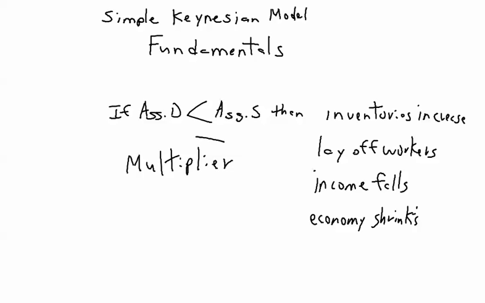Now, one last thing that you might think about before we stop this short lesson is how can this model work when we have the basic classical model that says markets clear, and they reject this whole idea of the Keynesian model. And the difference in the assumptions of these two groups of economists has to do with whether or not the markets clear.